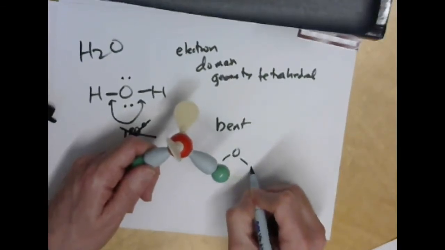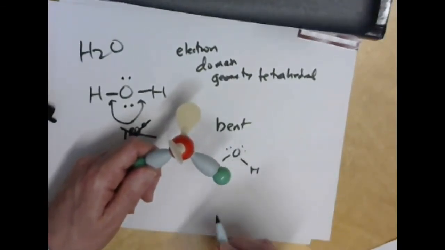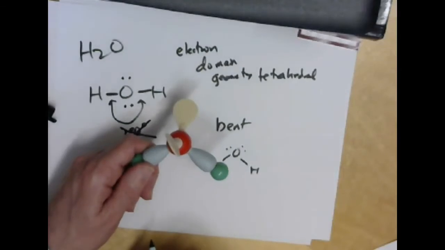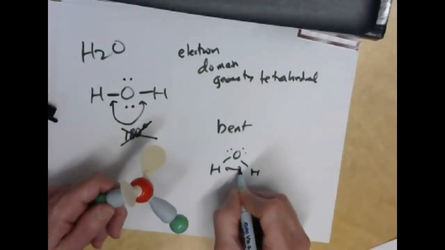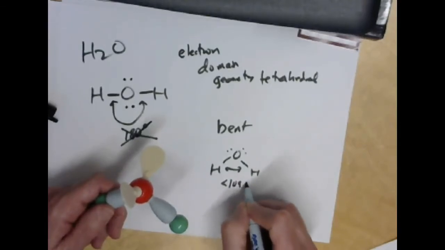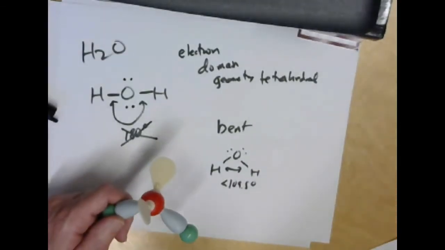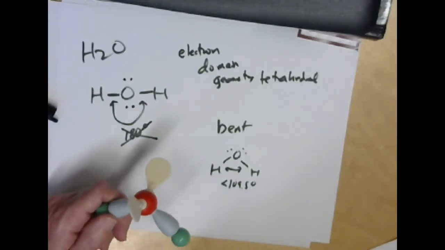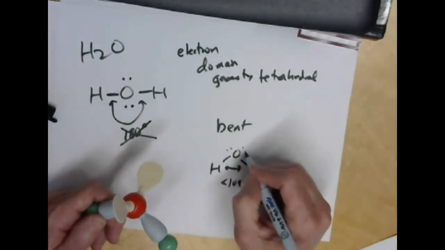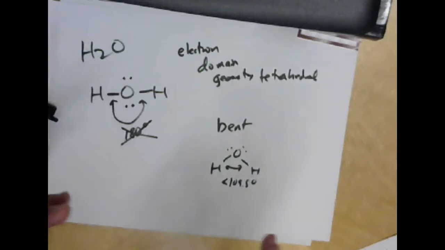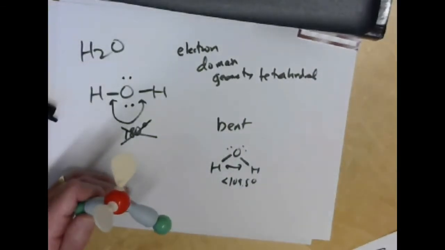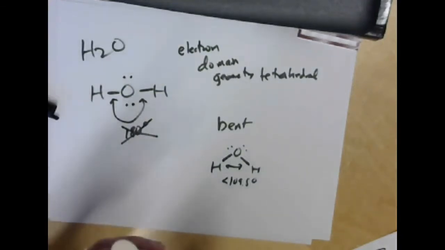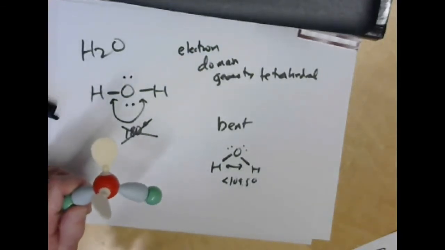And so a more accurate description, if we were to draw it, would be to have it looking something like this. And that bond angle actually, once again, it's less than 109.5 degrees. It's more like about 105 degrees, because those non-bonding pairs of electrons have a greater repulsive force than do the bonding electron domains. And so it squooches down that bond, if you want to think about it that way.